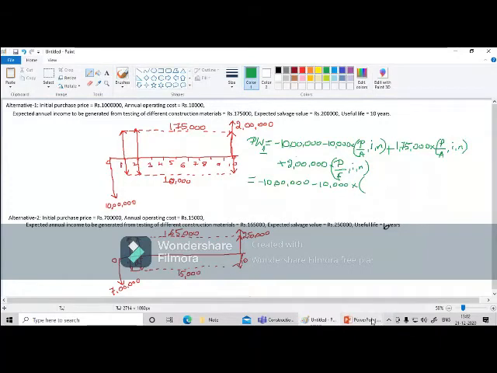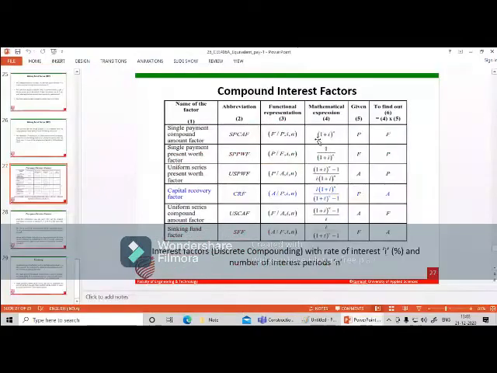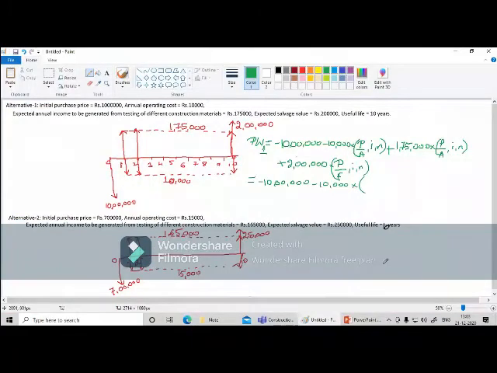P by A is 1 plus I raised to n minus 1 divided by I into 1 plus I raised to n.